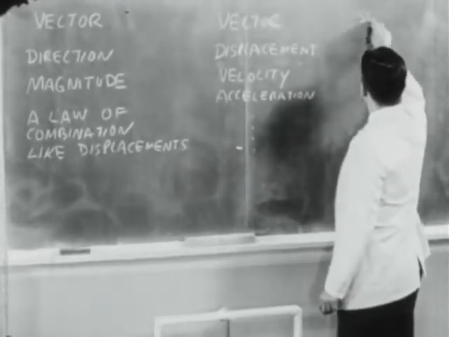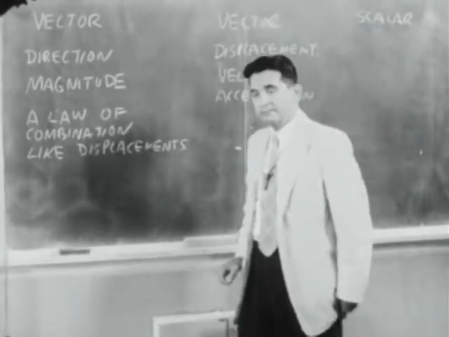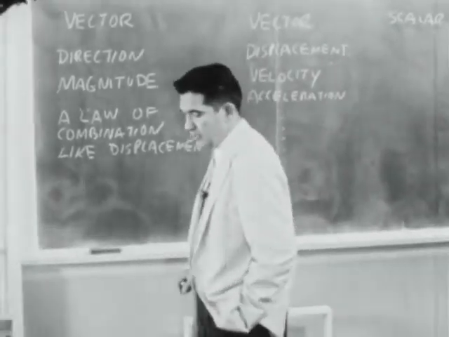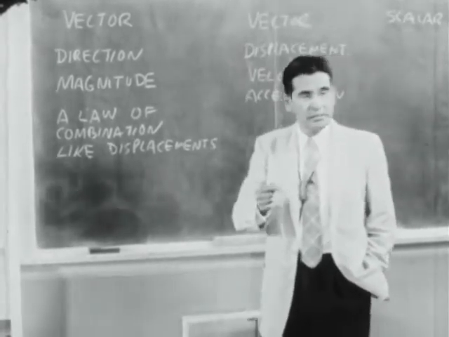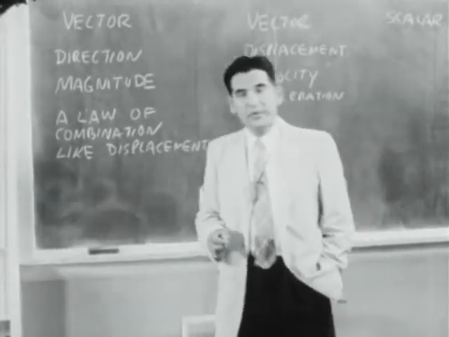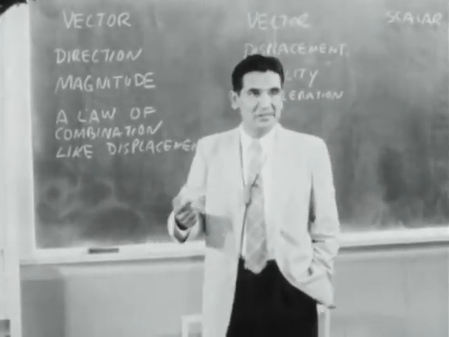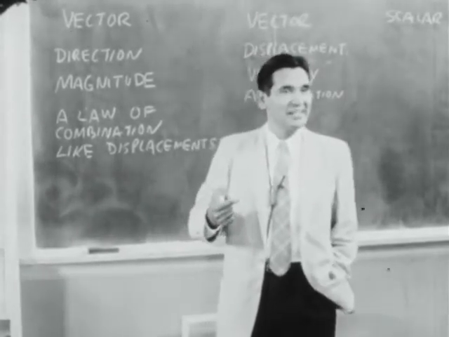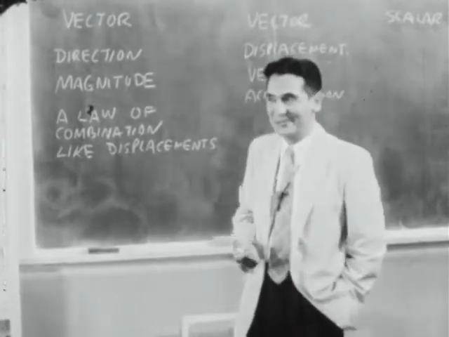Now I will put here a word. Scalar is a word that has to do with things that have only magnitude but not direction. Now it is said that someone was delighted and surprised to find that he had been speaking prose all his life. He had never heard the word prose. Well, you may be delighted and surprised to know that you've been using scalars all your life, and perhaps you haven't called them that.